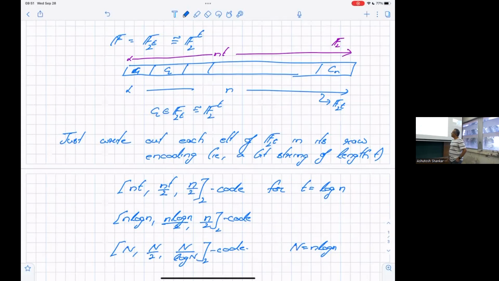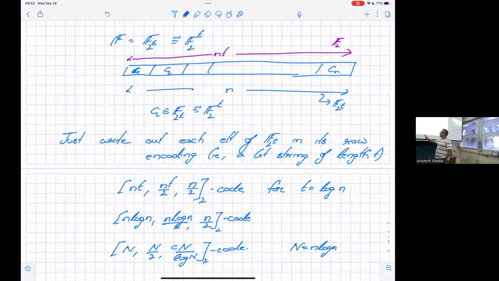So N is n log n, so I have to shave off a log of small n. Up to a constant, log of small n and log of capital N are the same. So I want to write everything in terms of that, because that's a log n factor. So I'm going to ignore constants. So probably put a C here.